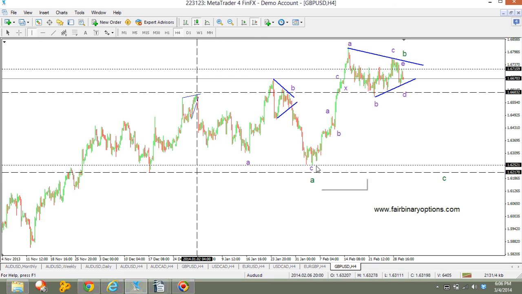Therefore, this should come to the downside in a 5-wave structure. Therefore, impulsive move, price to go towards 162.15, 17.